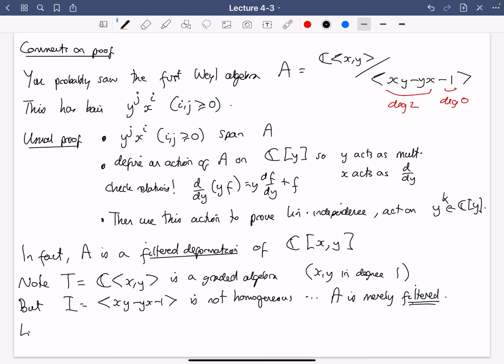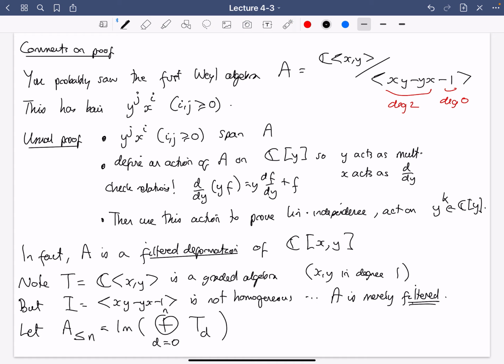So what does this mean? If you let A less than or equal to n be the image of the degree d graded pieces of the tensor algebra, T_d, as d goes from 0 all the way up to n. So this I'm going to call A less than or equal to n, right?